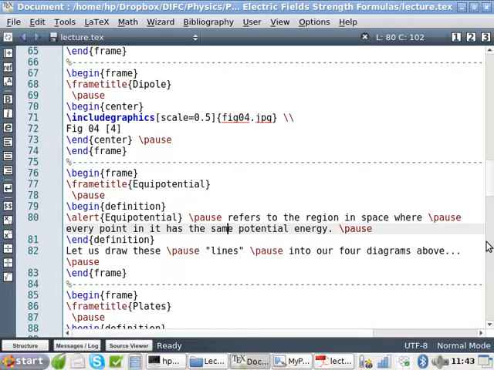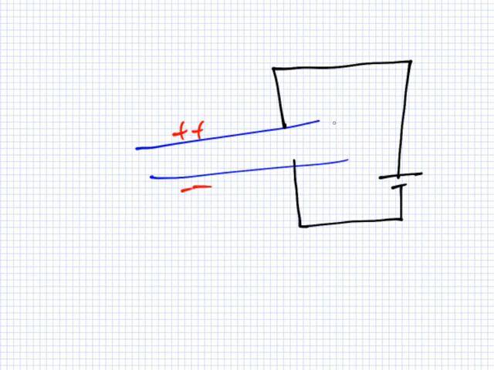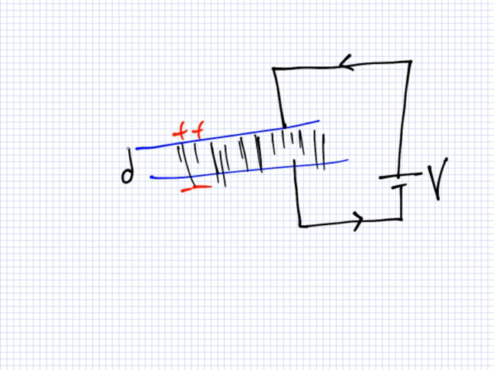So if you have one plate here and one plate here, and this is a positive and this is a negative, and there's a battery running between the plates, the cell here. This cell makes the electric field between the plates. If you know the voltage of the battery and if you know the distance between the plates, you can know how strong the field will be.